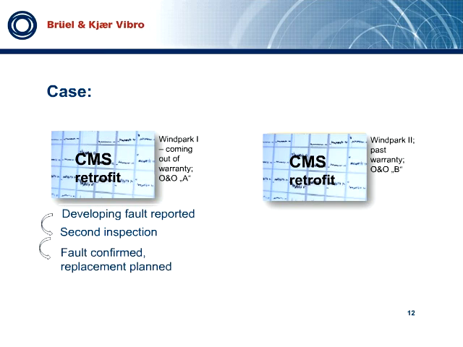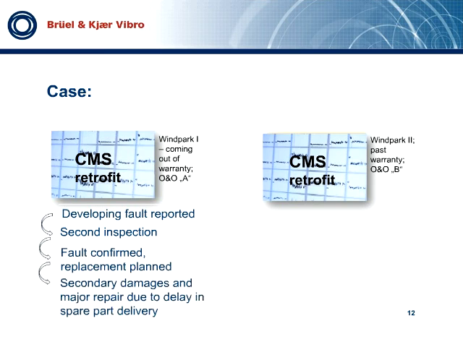But, of course, Murphy's Law, secondary damage occurred due to delay in spare part delivery. So it ended up being a major repair for something that was discovered in its early stage. So what is lead time again? Is it when we're picking up that fault, or is it when that fault is confirmed on site through that inspection? Something you need to think about.